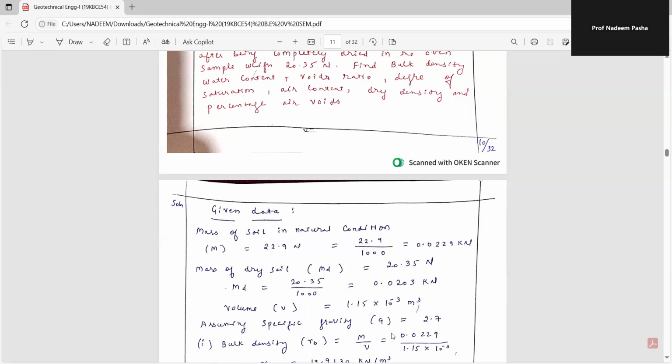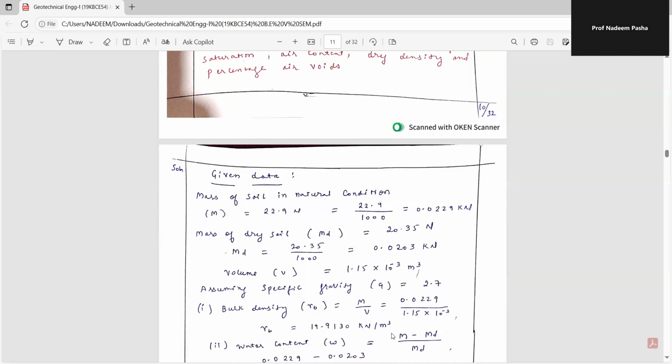Assuming specific gravity G equal to 2.7, bulk density gamma B is equal to M by V. So M is 0.0229 divided by volume 1.15 into 10⁻³. So gamma B is equal to 19.9130 kilonewton per meter cube.